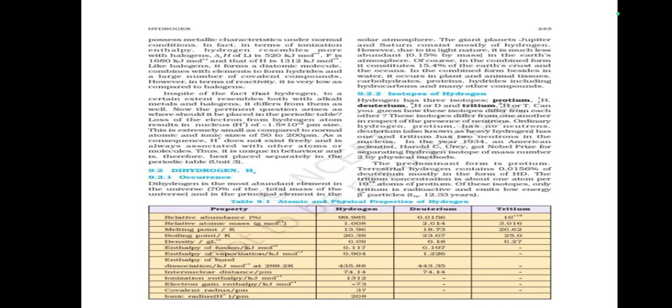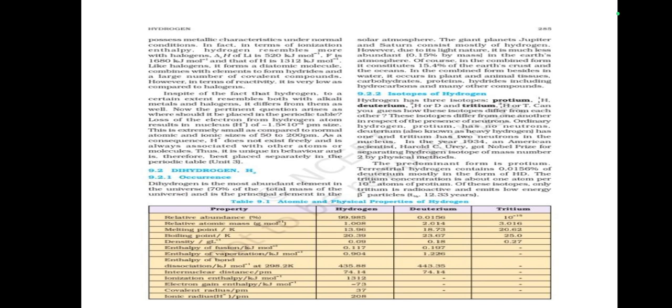However, due to its light nature, it is much less abundant, 0.15% by mass in the Earth's atmosphere. Of course, in the combined form it constitutes 15.4% of the Earth's crust and the oceans.